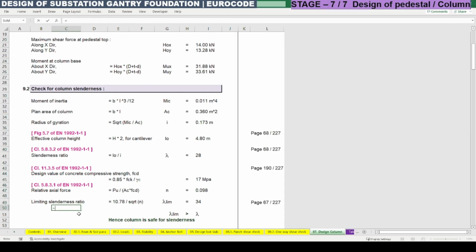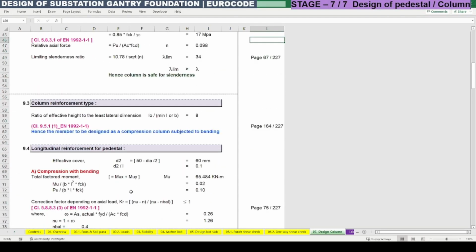So that is what we have considered as the direct value. So now we have found out the limiting slenderness ratio as 34, which is greater than the actual slenderness. So hence we can call it that the column is safe for slenderness.